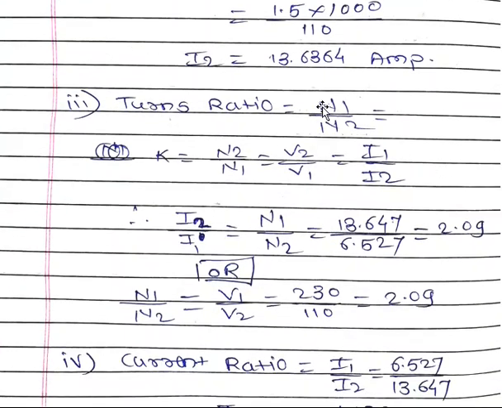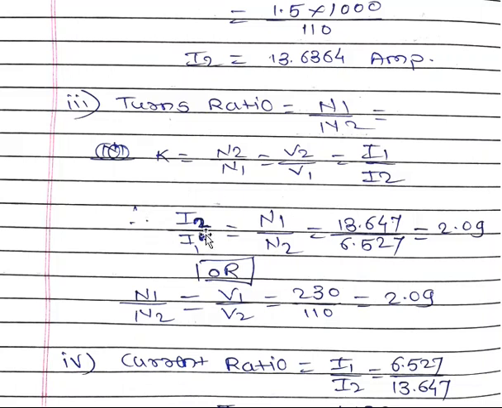Now we calculate the turns ratio. The formula for turns ratio is N1 by N2. Here both N1 and N2 are unknown. Therefore we use the transformation ratio. K is equal to N2 by N1, is equal to V2 by V1, is equal to I1 by I2. All these are the transformation ratio K. We use I2 by I1 is equal to N1 by N2.